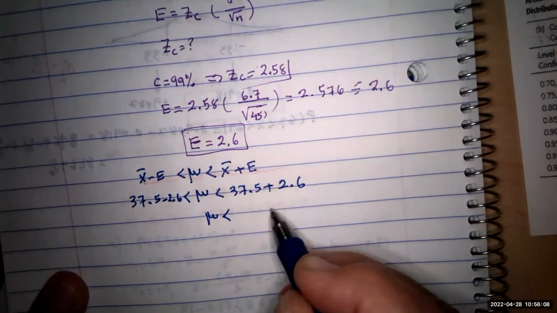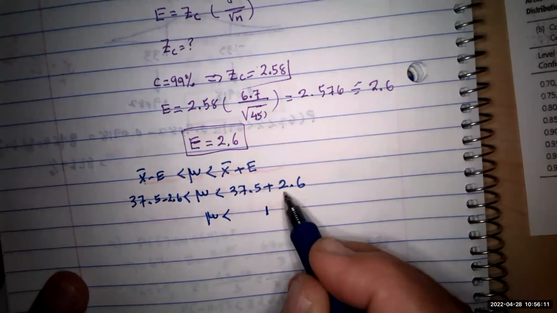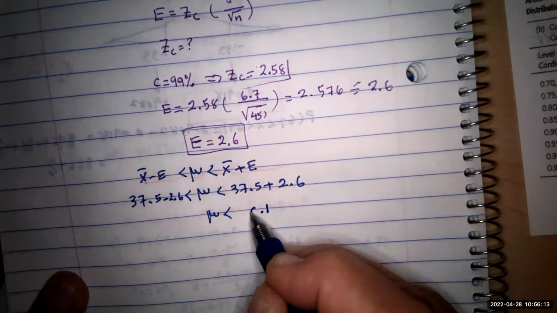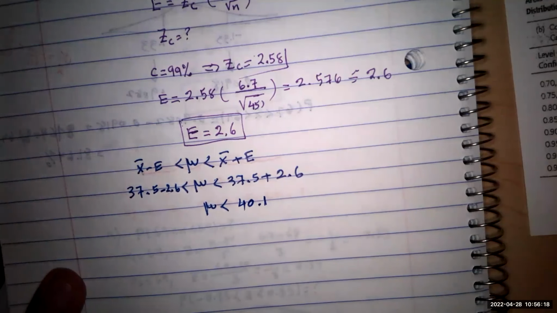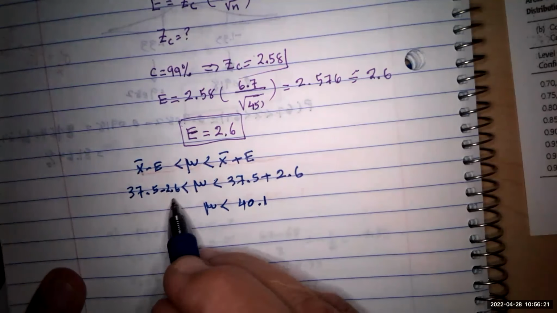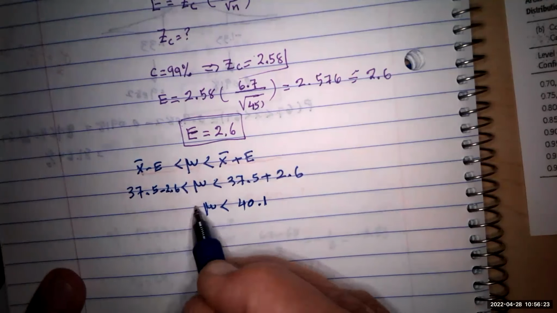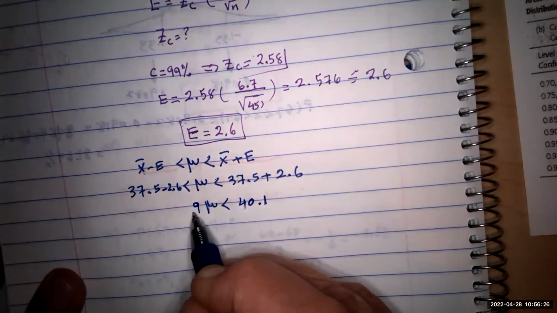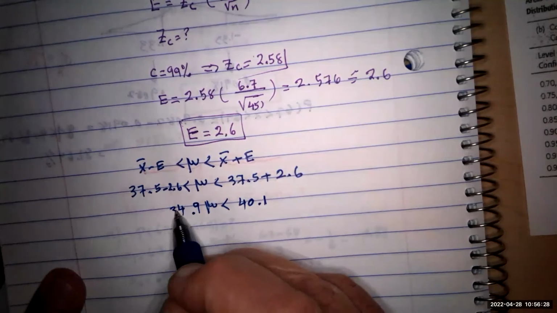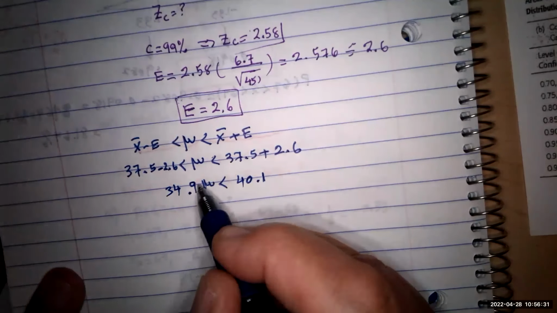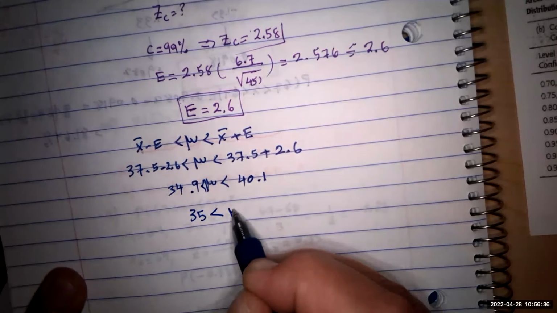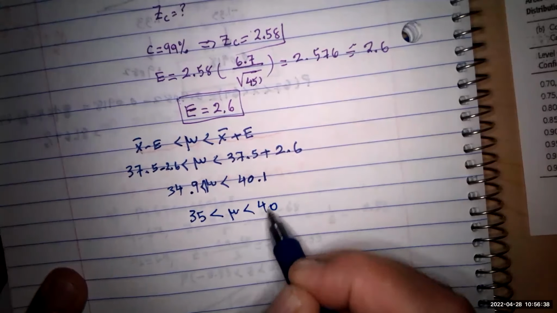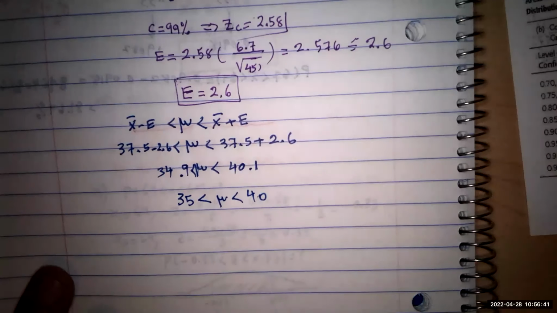If you add these, you get 40.1. And over here we subtract 2.6, which gives you 34.9. I round that to 35 and 40. These are in milliliters per kilogram.